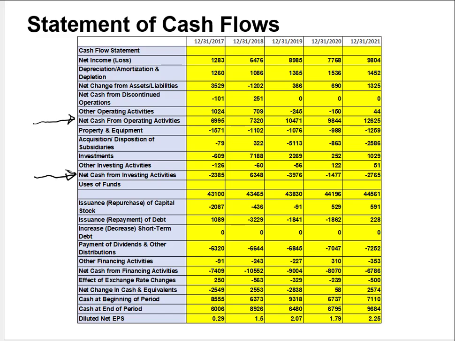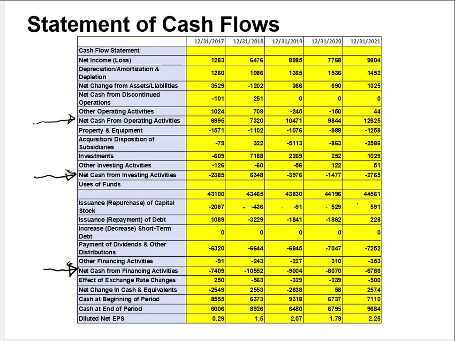Finally, if we go to the bottom, we're going to find the net cash from financing. Down below here, we see they issued some capital stock. So they either issued it or they repurchased it. If you look here, negative number. So they bought back stock, they bought back stock, they bought back stock. And here they sold stock.